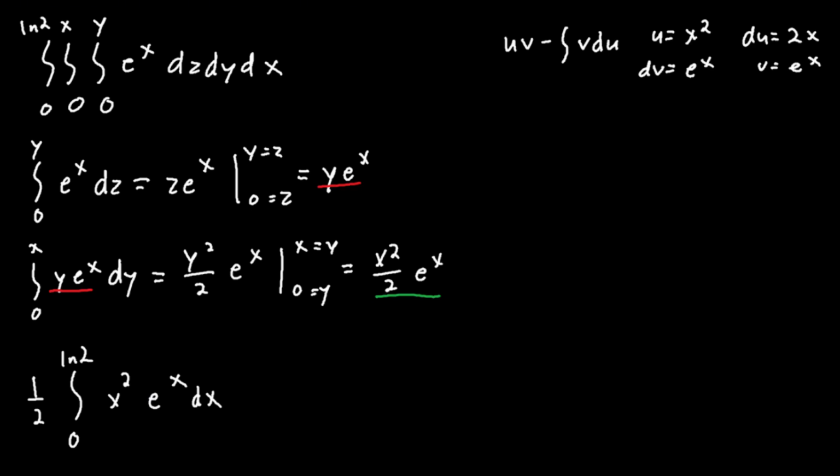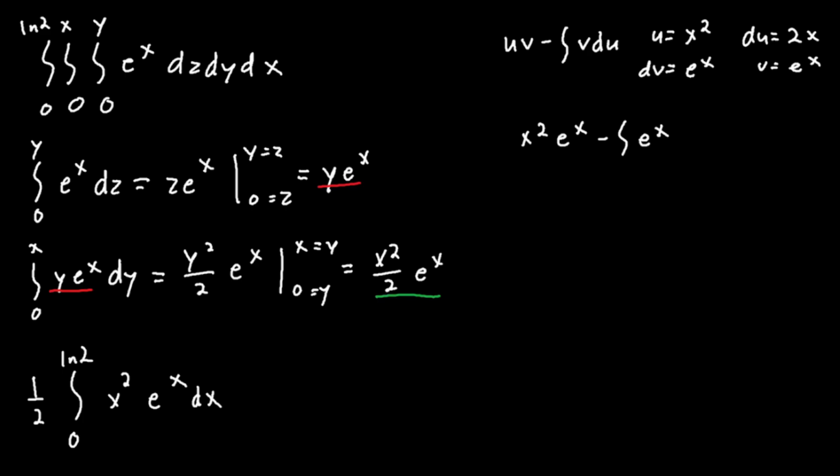And the derivative of x squared is 2x. So now we have that. Our new answer for this integral will be uv, so x squared e to the x minus the integral of v, e to the x, times du, which is just 2x.